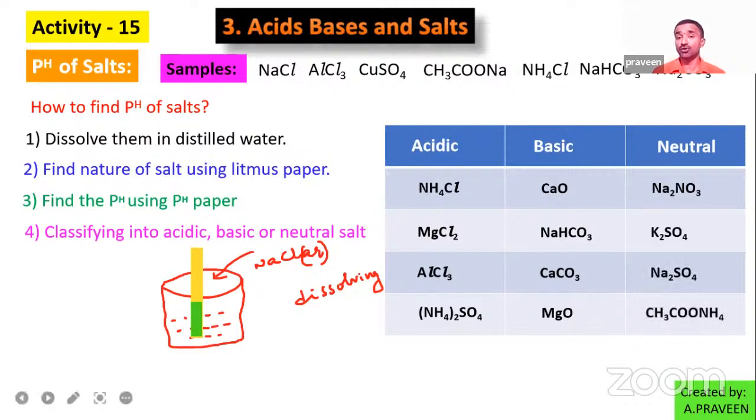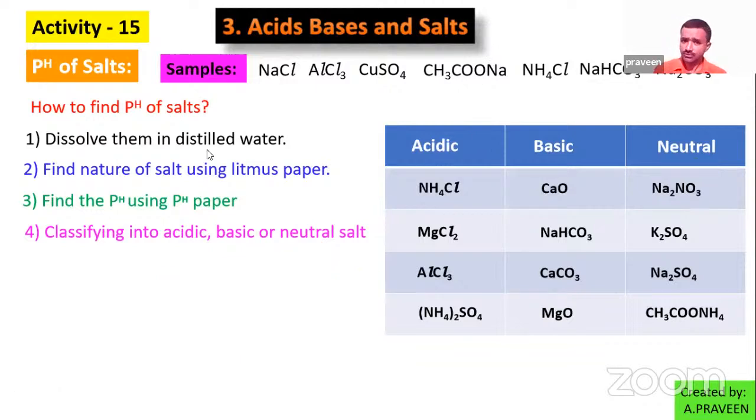And one more, naturally, that is NaCl as neutral salt. So 5 examples given for neutral salts. Note them down. Then here simply we know salts are produced by the neutralization reaction.